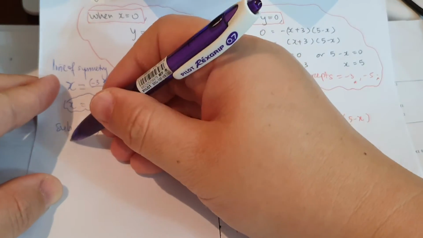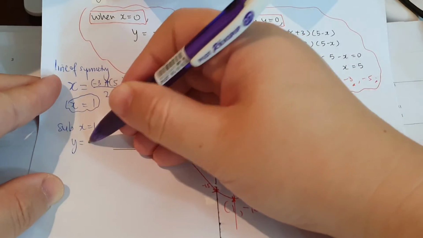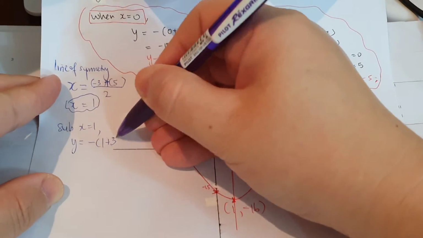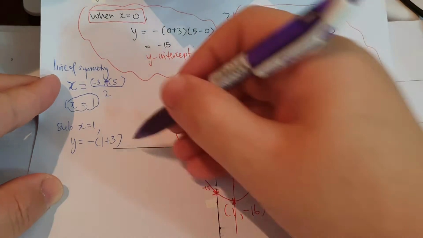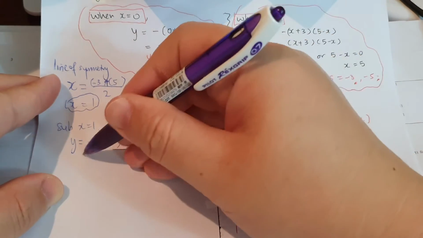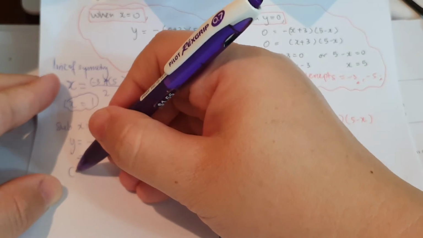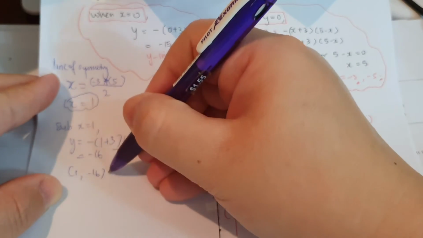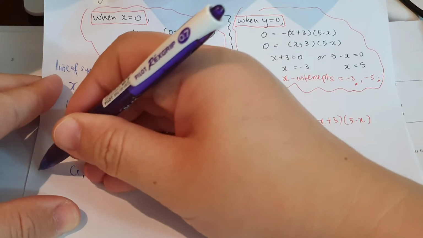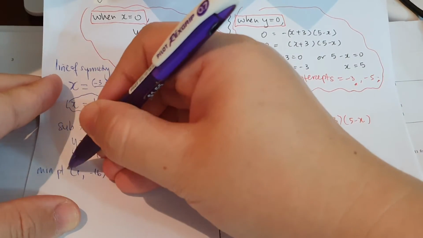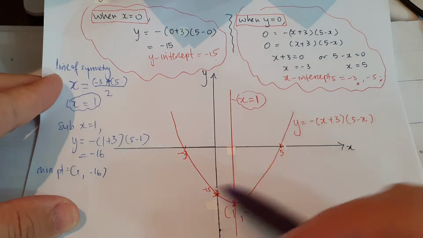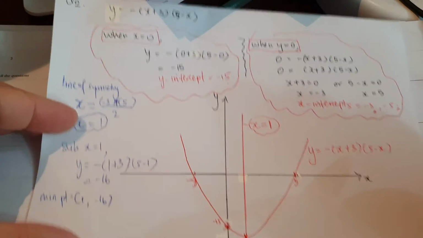So your y is simply minus 1 plus 3. Just sub in 1 here, 1 here, and you get minus 16. That's how you got this. So 1, minus 16 is your minimum point. Okay, so this is how you do it.